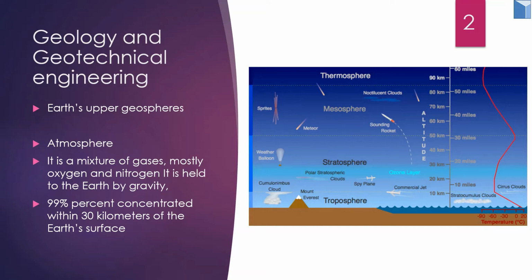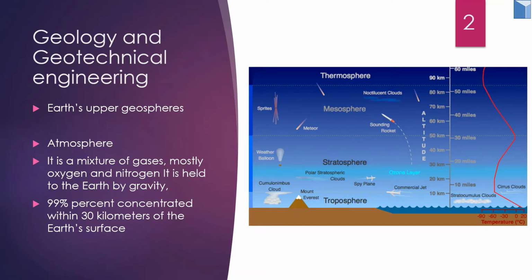The mesosphere is also an important layer because it destroys space objects such as a small meteorite before it reaches the surface of the Earth.